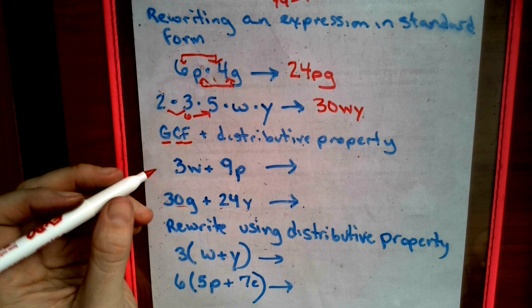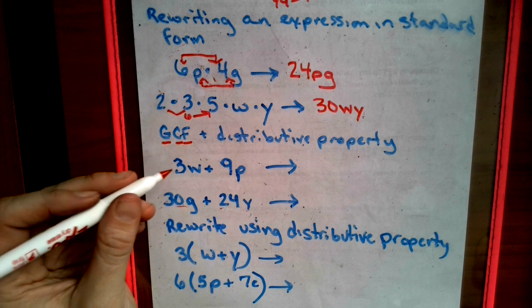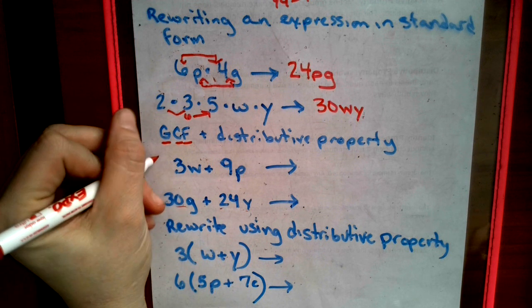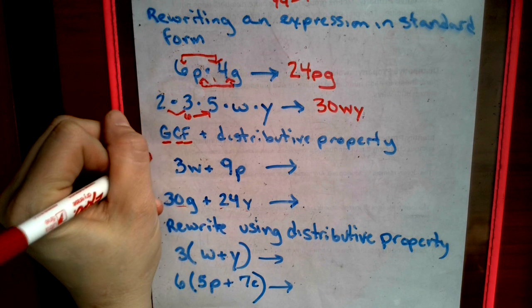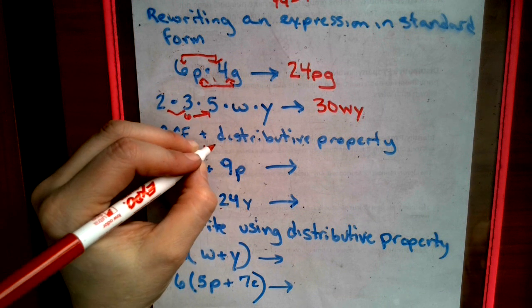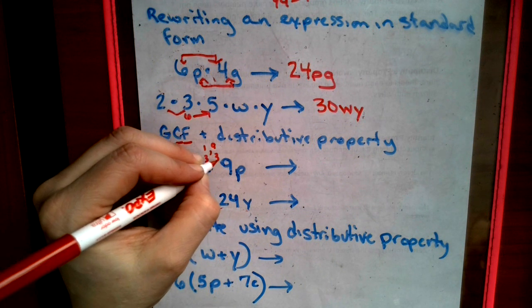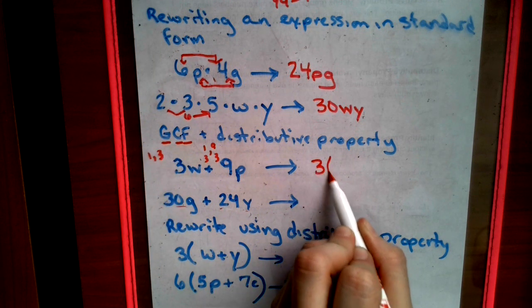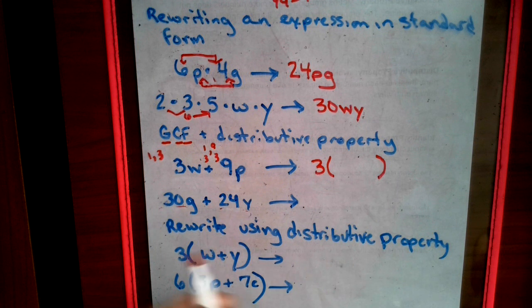I always like to tell my students, think about what you can count by to land on these numbers. So this is kind of done in your head. What makes 3? 1 and 3. 1 times 3. What makes 9? 1 times 9, or 3 times 3. What is here? That is there. A 3. So that is what we are going to divide each piece by.